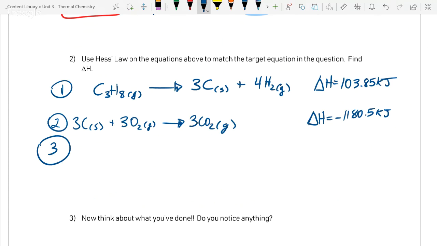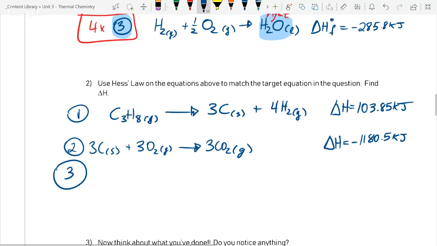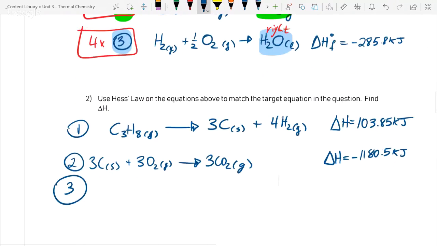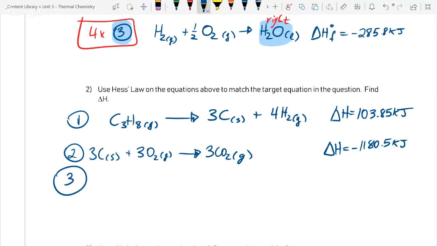Why did you switch from delta H not F to delta H? Because it is no longer the delta H not F, right? Because delta H not F specifically refers to 1 mole of this stuff in the forward direction, and that's not what we're doing now.